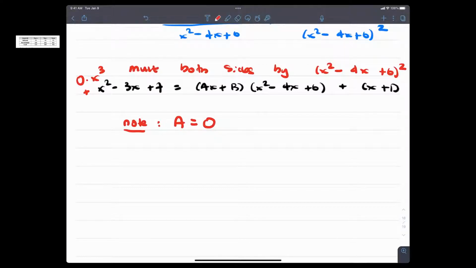Okay, and then I could even go further. I also know B is 1. How do I know B is 1? Because if this is 0, when I multiply here, isn't that a bx squared? And I don't have any other x squared term, so that b value corresponds to the constant that's here, which is 1.